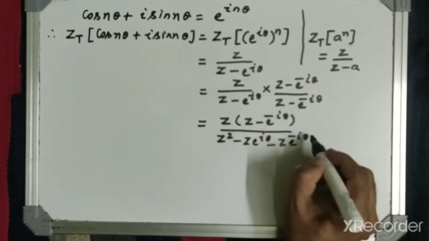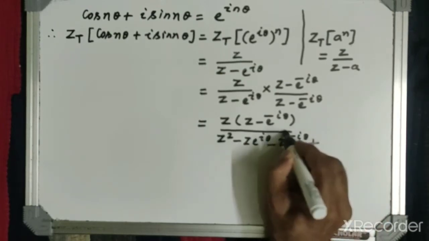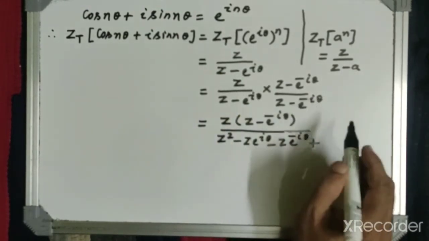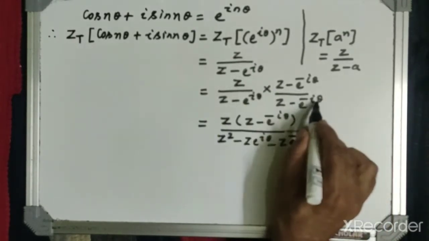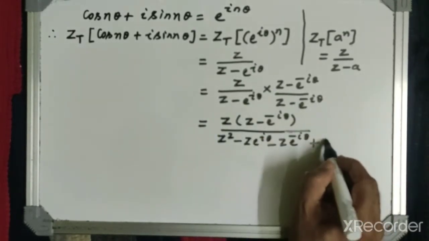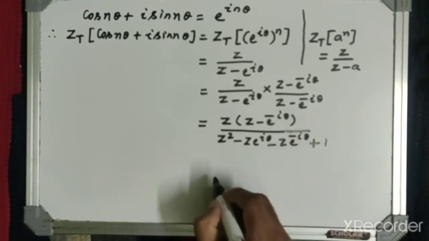Now minus into minus plus, e power i theta into e power minus i theta becomes e power 0, which is 1.